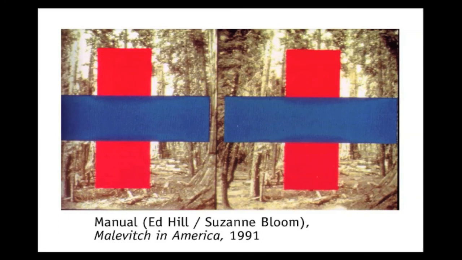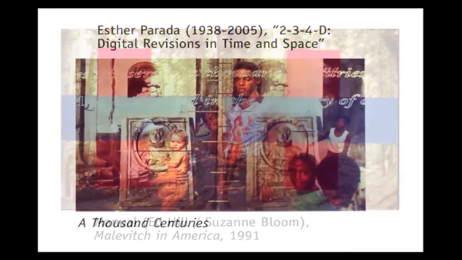So artists like Manuel, Ed Hill, and Susan Bloom started using it. This is a very complex piece, I think, called Malevich in America, where the typical Malevichian cross has been superimposed on a view of a typical American forest, asking questions not just about the pictorial space, but about the relationship between these traditions.